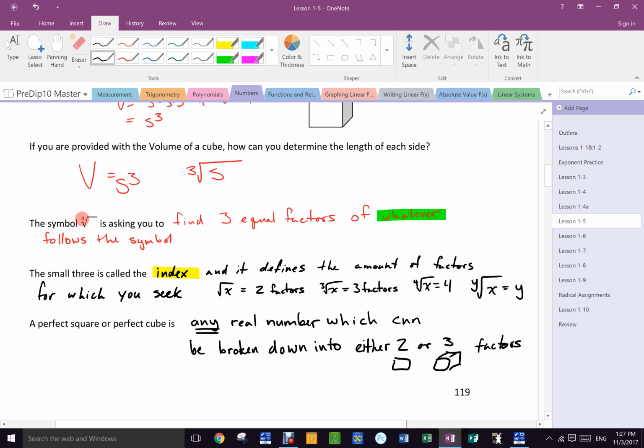That little number there tells you how many factors you need. Now, it's just about the only time in math, certainly the only time in the math that you guys are going to do, that when the number isn't there, it's usually what? Usually in math, we don't write 1.